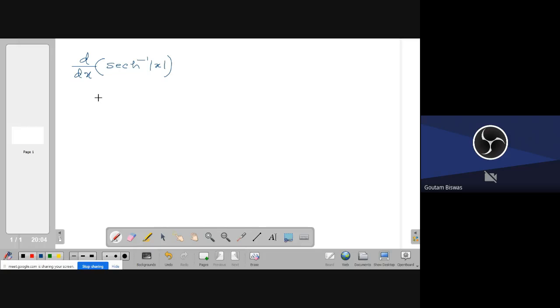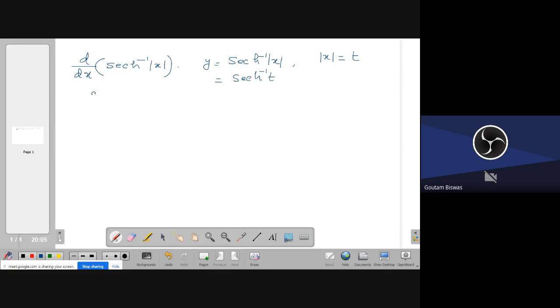Okay, modulus of x. So as usual, let y is equal to sech inverse modulus x. Now again let modulus x is equal to t. So this is nothing but sech inverse t.